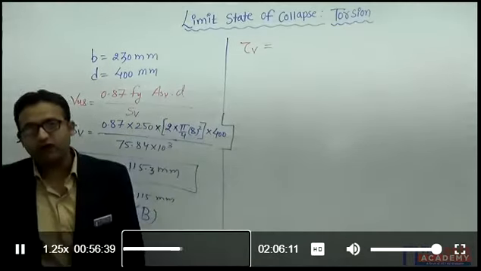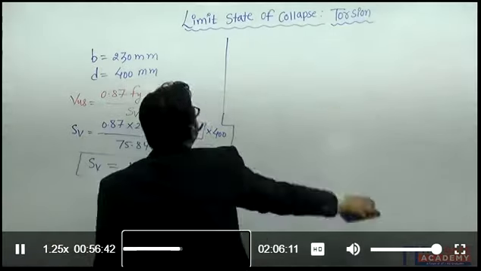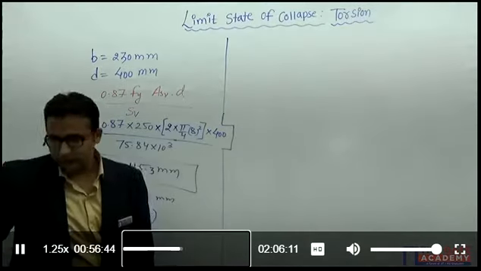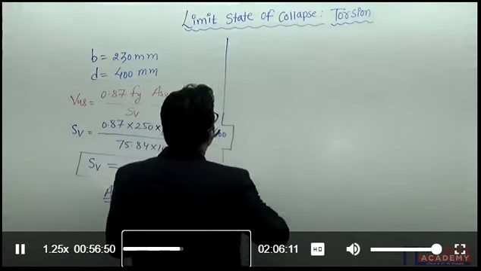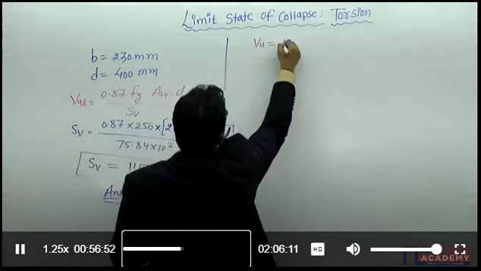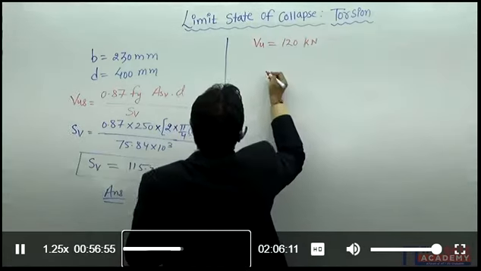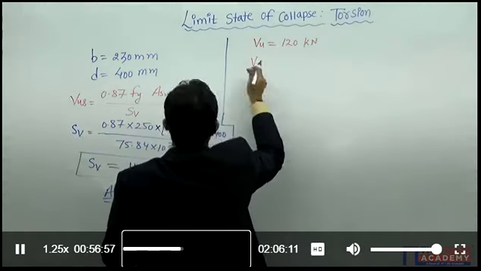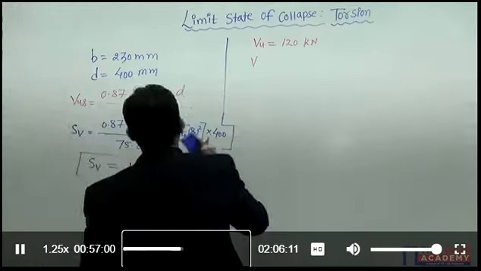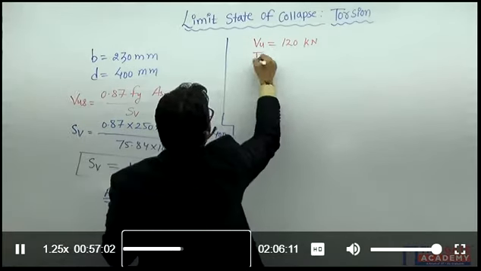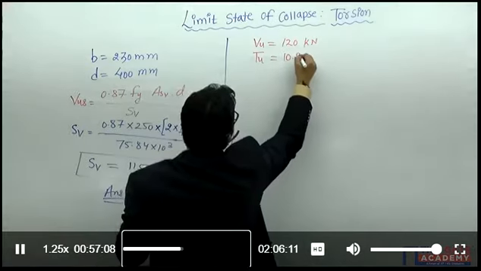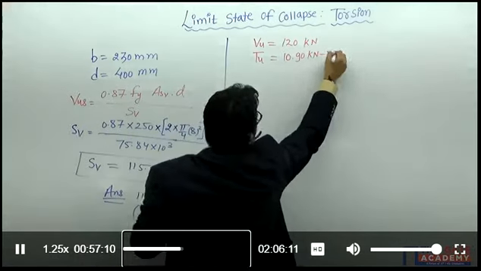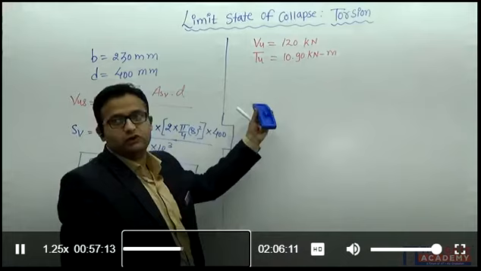Here, first of all, we need to find tau V equivalent. Shear force they have given me is 120 kilonewton. Torsional moment they have given me 10.90 kilonewton meter.